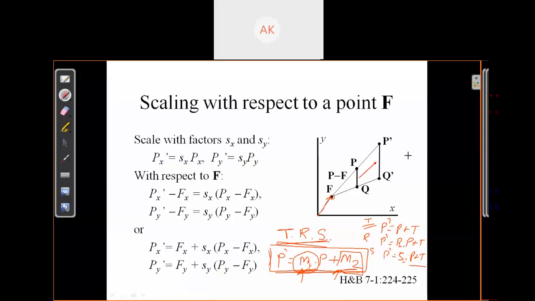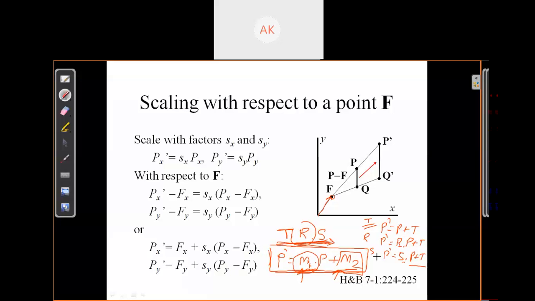Then we will rotate that object at the angle you want. Then you will scale up or scale down as required. So in this order you will follow. You will do this calculation three times: first for the translation, then rotation, then scaling.